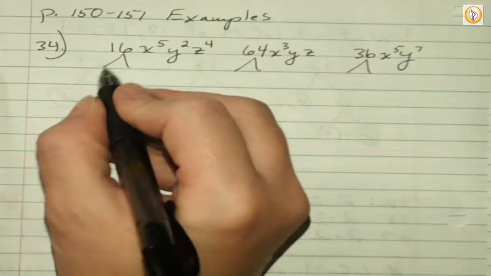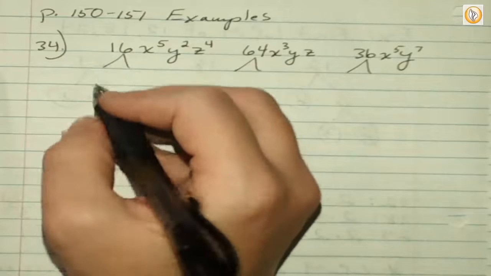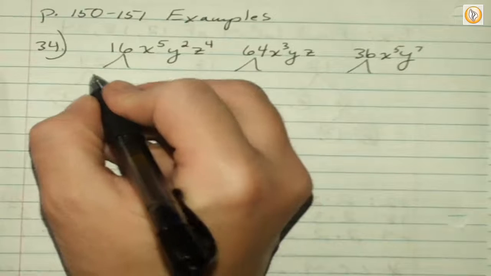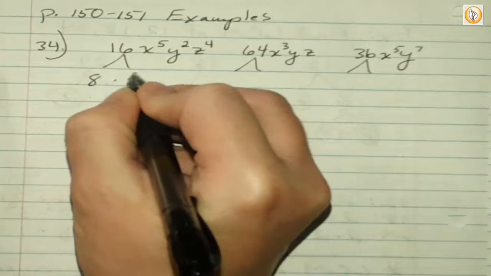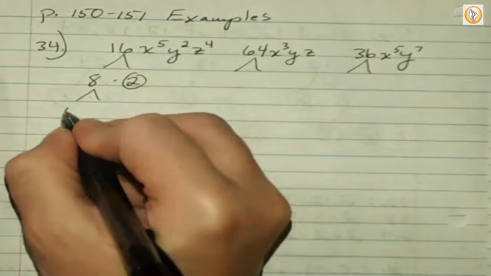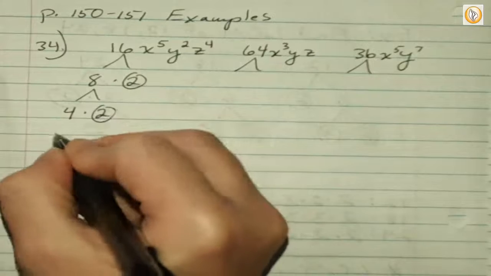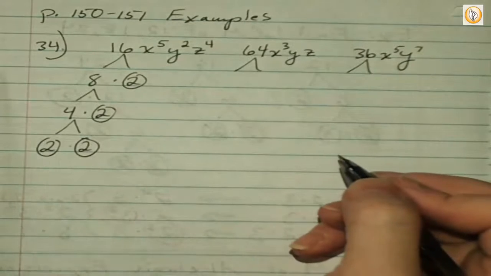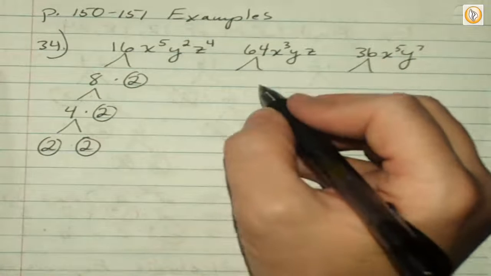All right, Joseph. Do 16. Did you write all this down? Yes, 8 times 2, 4 times 2, 3 times 2.